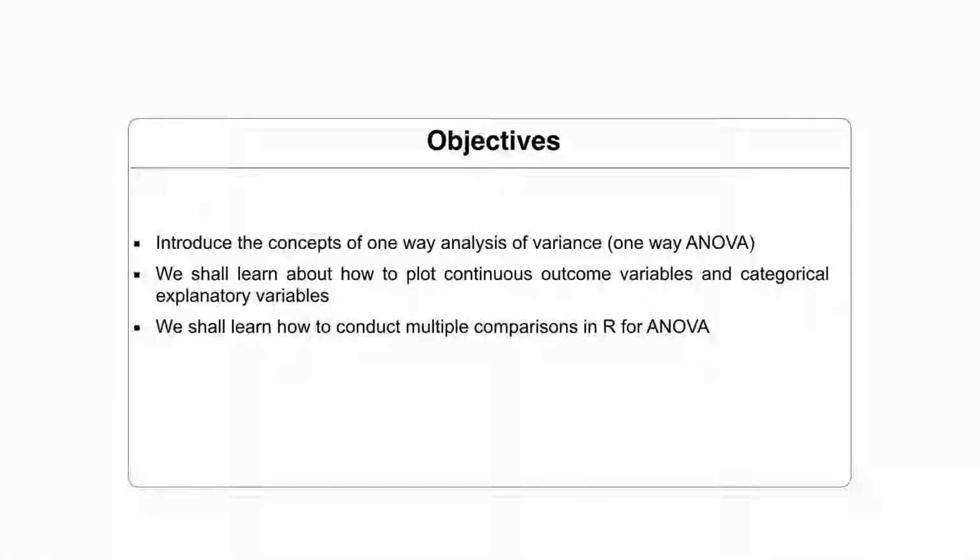To reiterate the objectives, we introduce the concepts of one-way analysis of variance, one-way ANOVA. And we shall learn a few things. For example, how do we plot continuous variables and categorical explanatory variables, and we'll test multiple comparisons.